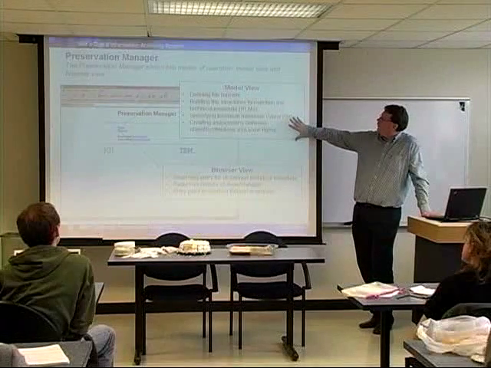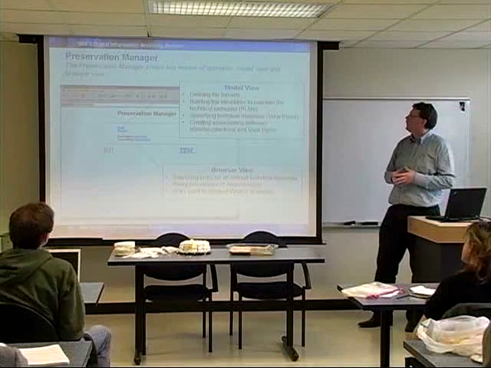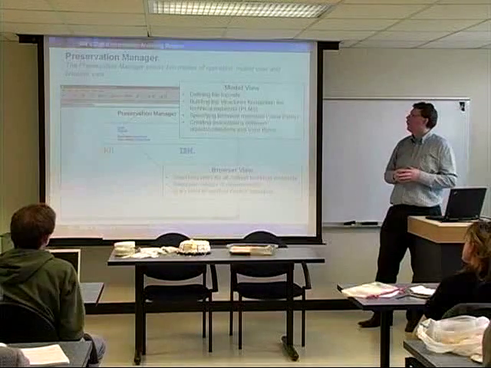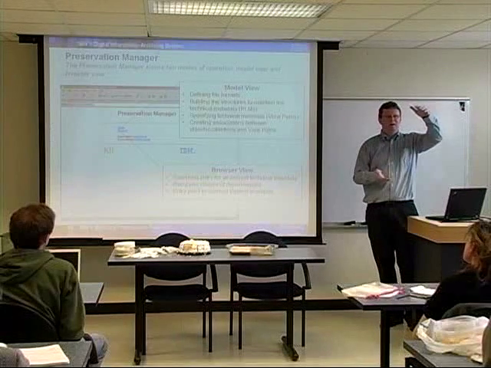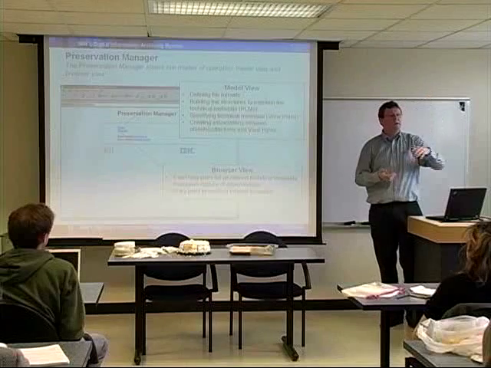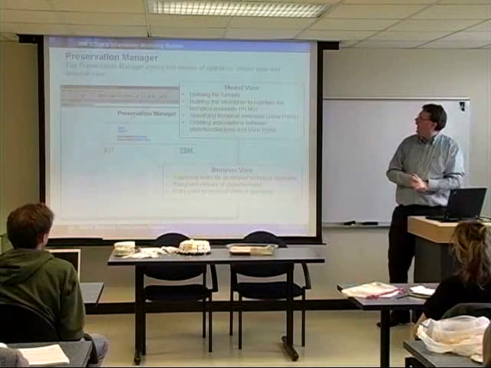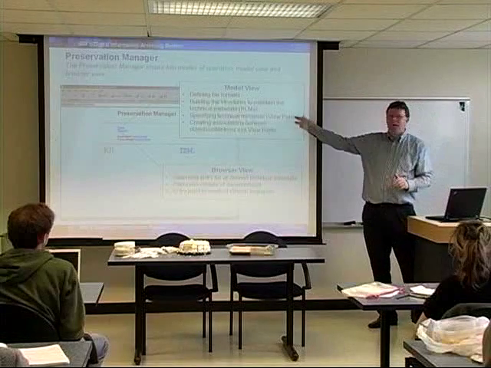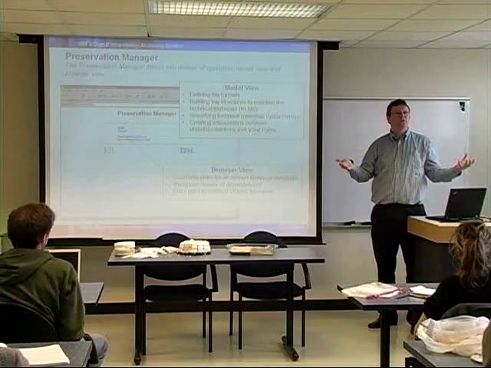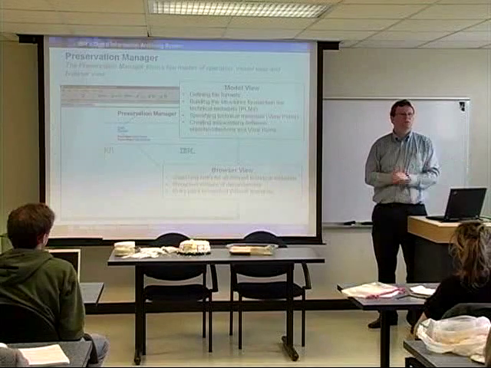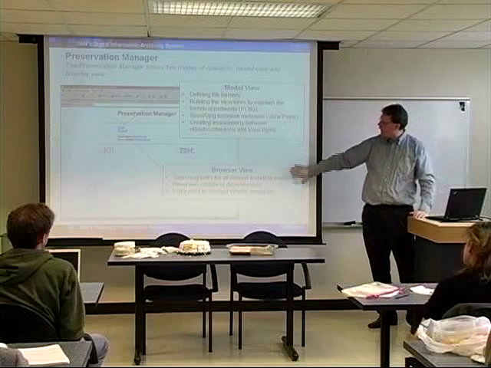It has a model view, which defines the file formats and what we call the preservation layer models. That's a template identifying how many layers there are and what the information in every layer should be. And then the actual view path, which is, according to a certain template, the actual technical metadata which you associate with it. So this is the definition part.